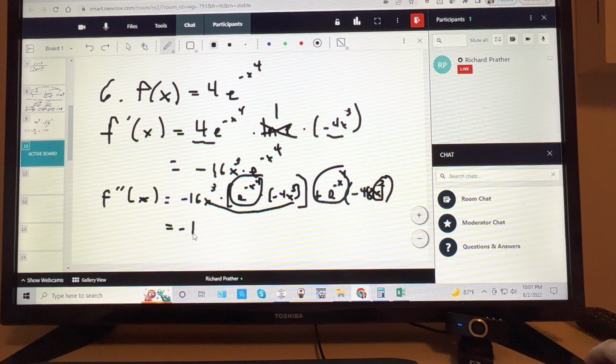So if you want a GCF, negative 16 x squared e to the negative x to the 4th. And that would leave, there's 1 x here and 3 more there, x to the 4th, and there's also this negative 4. And then I took the e to the negative x out. I took both x squareds out, and I took negative 16 out. So there would be a positive 3, and that should be it.